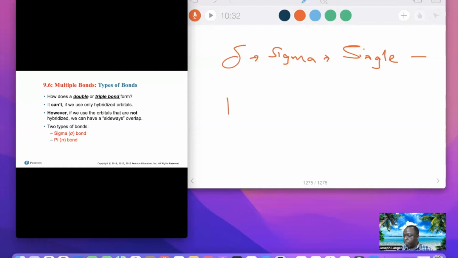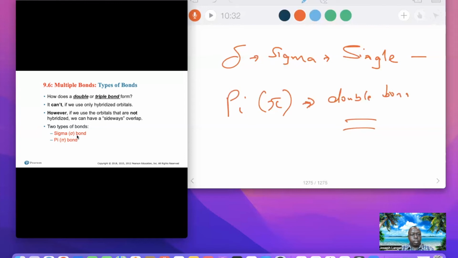And then pi bond here, we call this pi bond. Pi bond, just double. It has 2 lines.